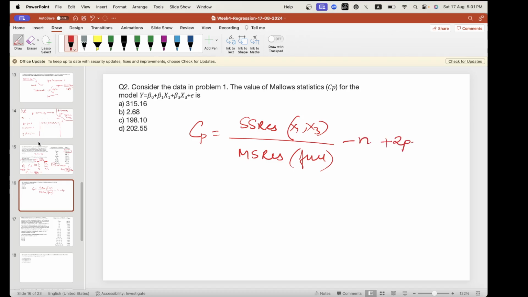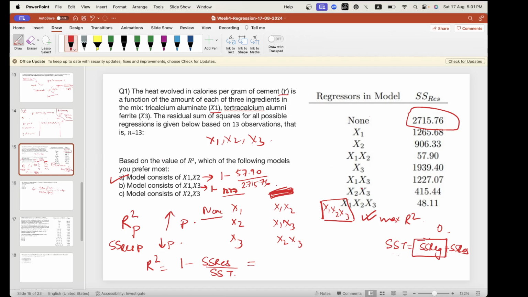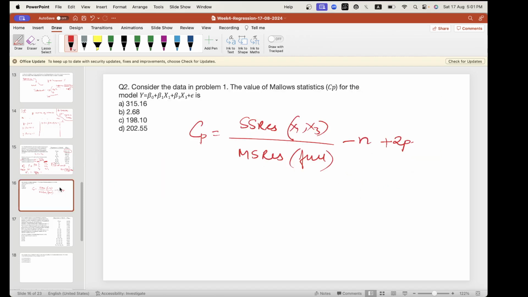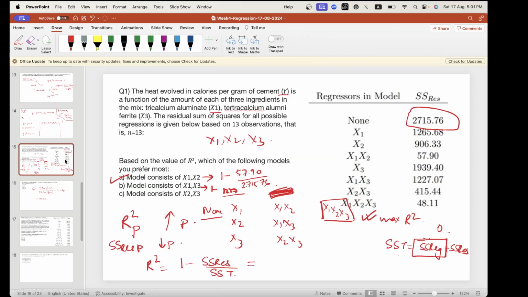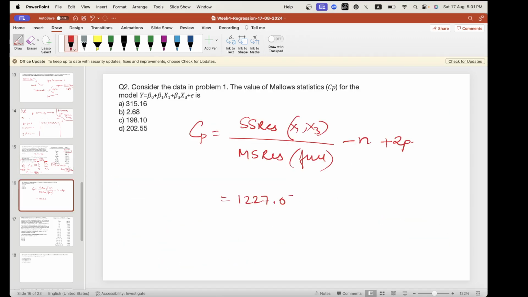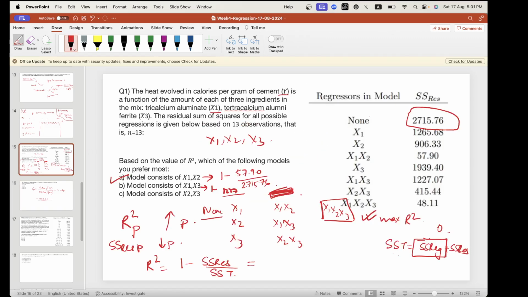Okay, so SS residual for x1 x3 would be 1227.07, divided by MS residual full model.